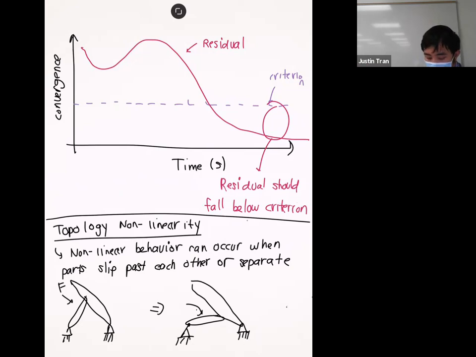But eventually, once this force exceeds that friction, then all of a sudden you have a very large amount of deformation, right? This part is going to slip, it's going to fall. This part is going to slip and it's going to fall. And all of a sudden we have a huge jump in behavior. Whenever you have nonlinear behavior like this due to parts slipping or separating, that's topology nonlinearity.